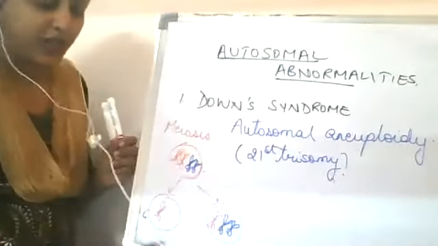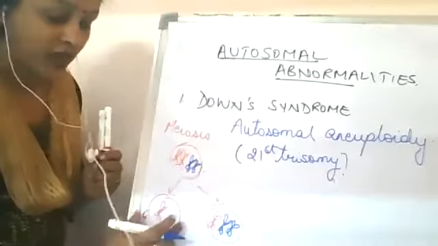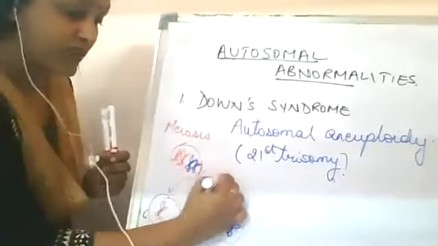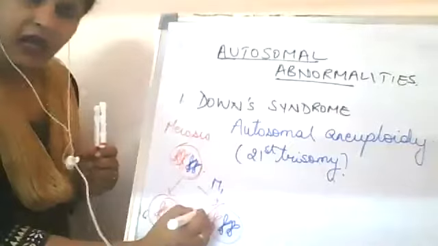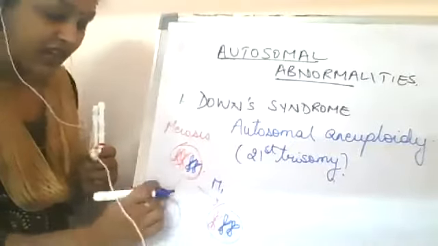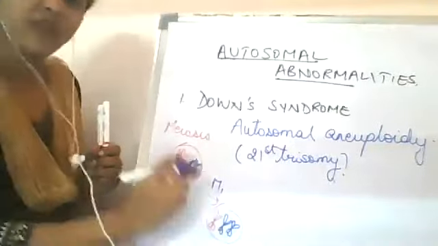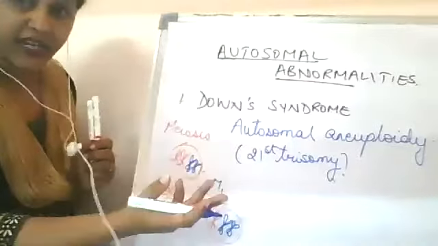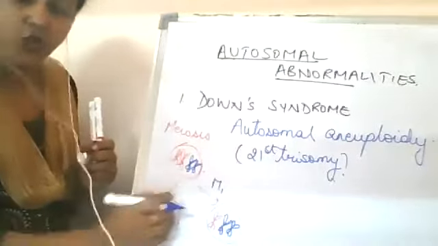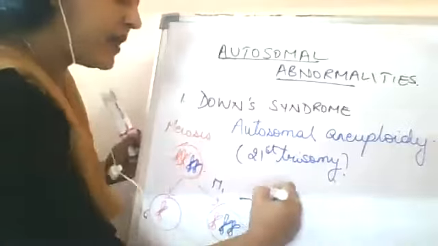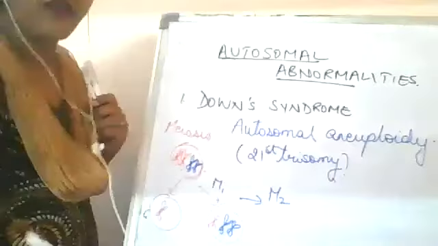So what will be the condition of the gametes here? This is only meiosis 1. After meiosis 1, one cell will have 1 chromosome and the other will have 3 chromosomes. Otherwise, ideally it should have 1 and 2 chromosomes. Now what will happen after meiosis 2?